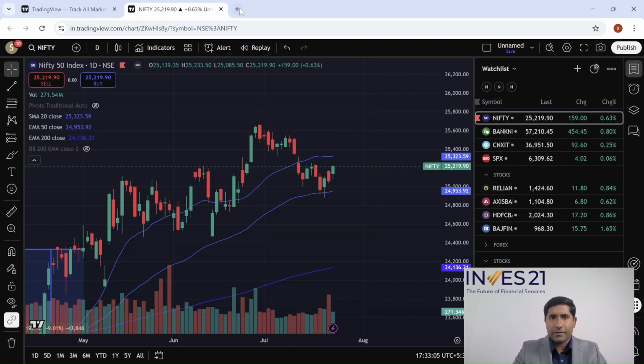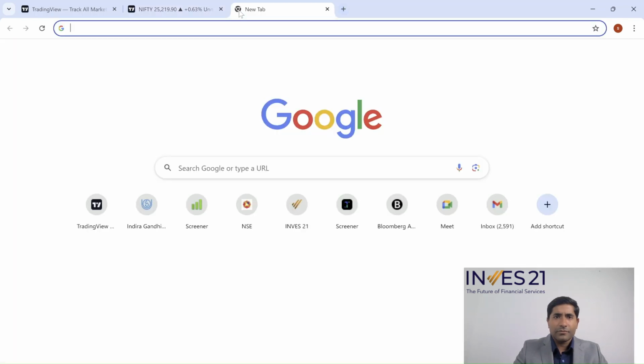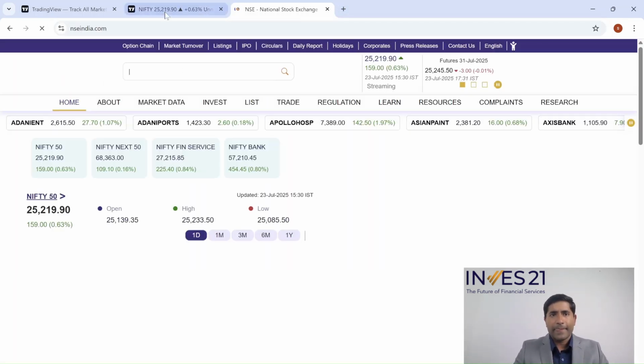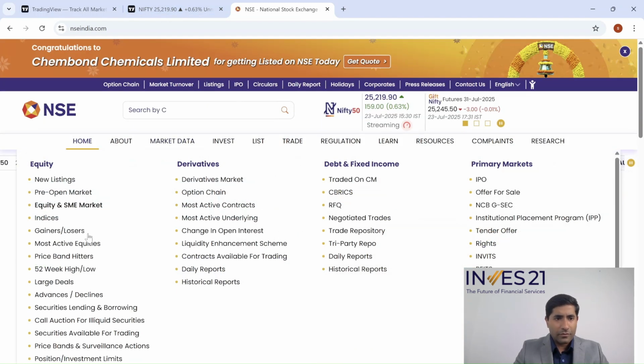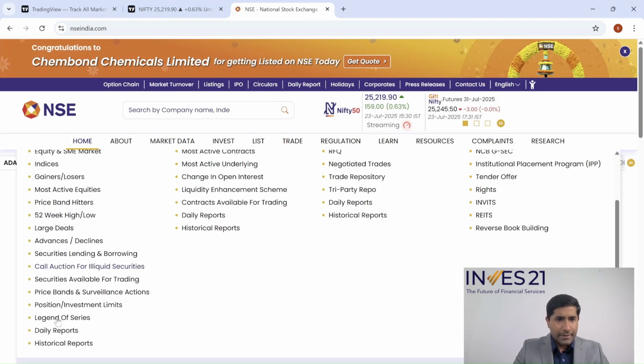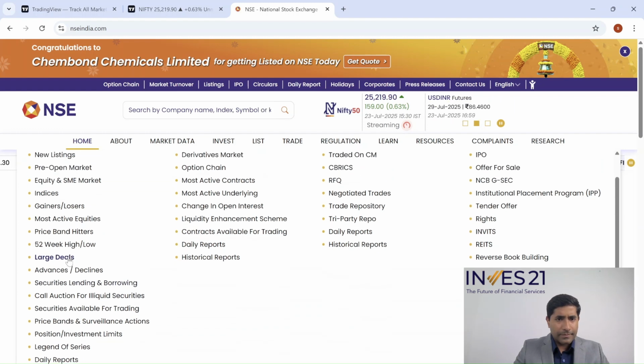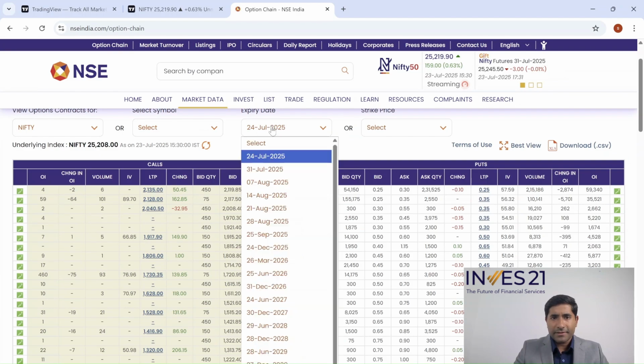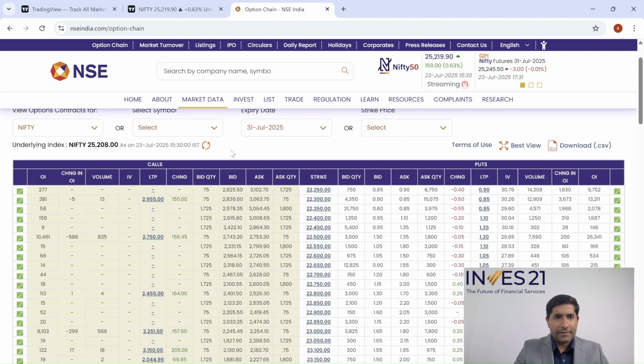Now let us go to an option chain just to get a feel of what the concentration of money looks like. I go to the market data, go to the option chain, and get Nifty.